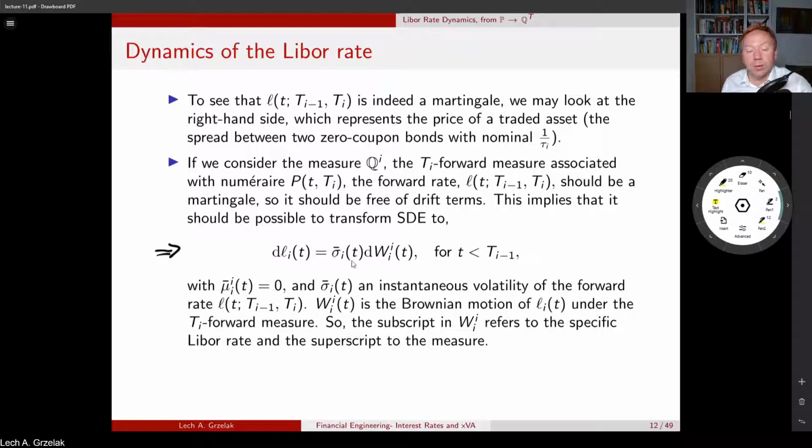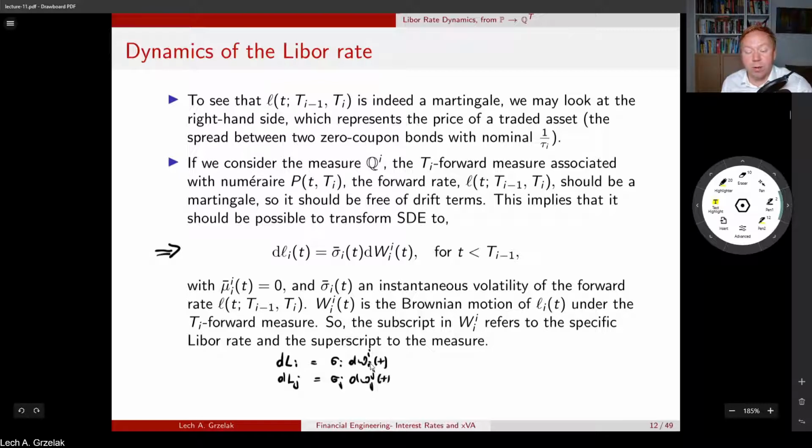We can define some generic function sigma_i bar, and then we have a Brownian motion. But keep in mind that we have a first Libor L_i, with sigma_i dW_i, and here the index i. We also have a Libor L_j, with sigma_j dW_j, and this is also under the j measure.